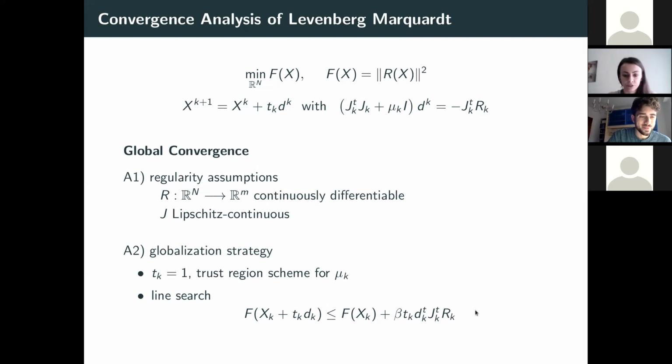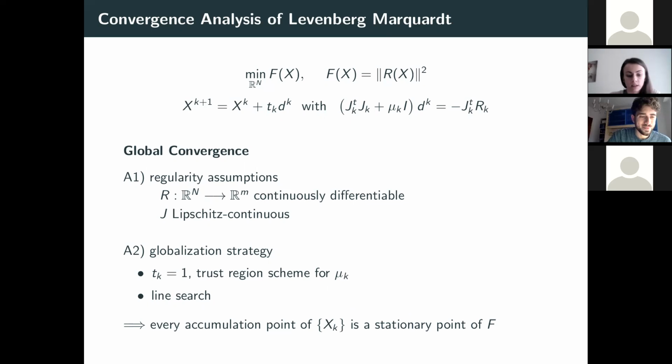So for example, this is the standard Armijo condition. And what we have is that if we have these regularity assumptions and then either one of these two globalization strategies, then we can prove that every accumulation point of the sequence generated by the Levenberg-Marquardt method is a stationary point of our objective function.